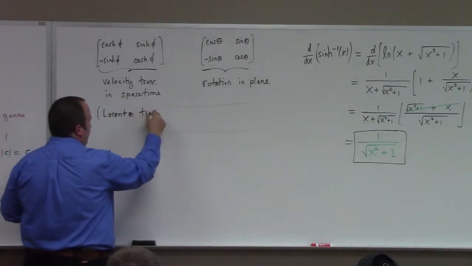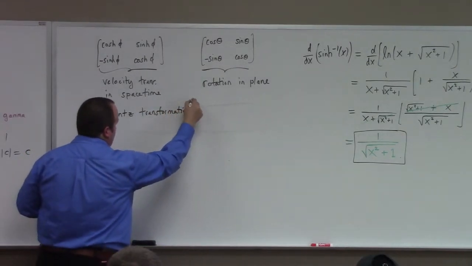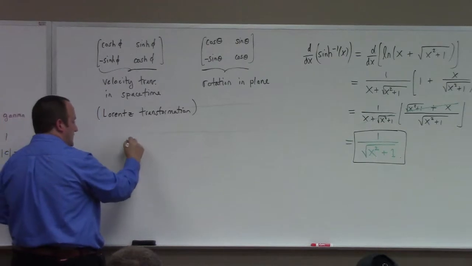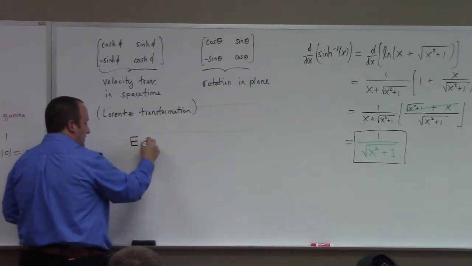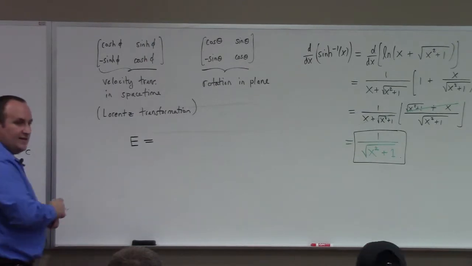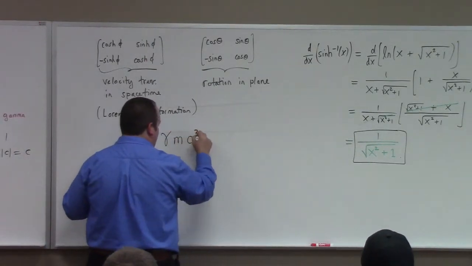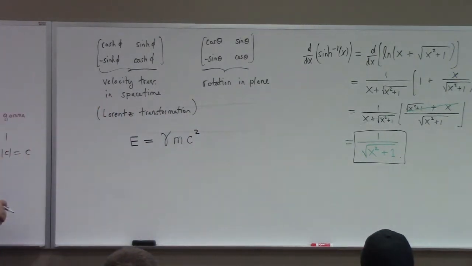And finally, one more fun fact, and I promise I will stop talking about physics, unless you want me to say more, which is that you guys have been told E is equal to what? mc squared. That's a lie. So E is actually equal to gamma mc squared. That's the true relativistic energy, where m is the rest mass.